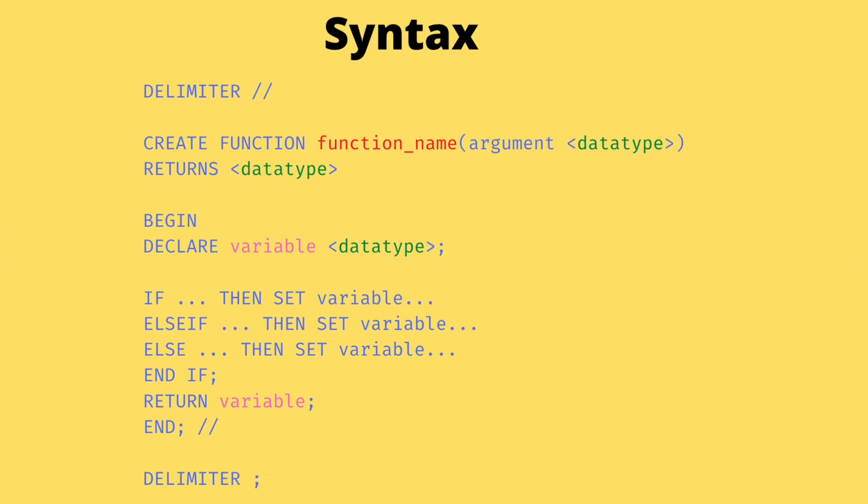Because chances are you're going to create hundreds of functions in your script, and it's very hard for you to manage the function unless you give it a good name. So let's say you create a function that does addition of all the arguments, you can name it sum underscore function, or you can name it addition underscore function, and so on and so forth.